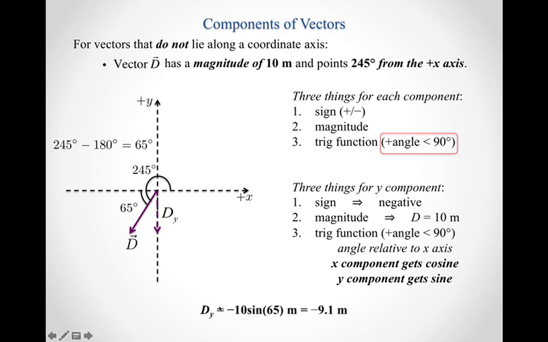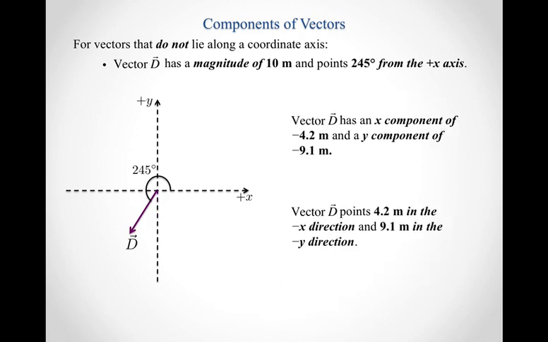So to calculate out the y component of vector d, it's negative 10 times the sine of 65, which is negative 9.1 meters. So again, I can report vector d has an x component of negative 4.2 meters and a y component of negative 9.1 meters, which again means that it points 4.2 meters in the negative x direction and 9.1 meters in the negative y.